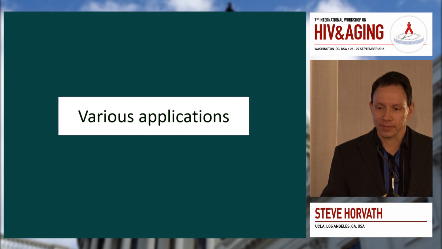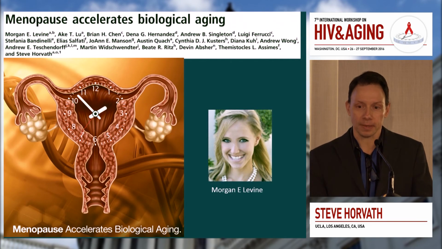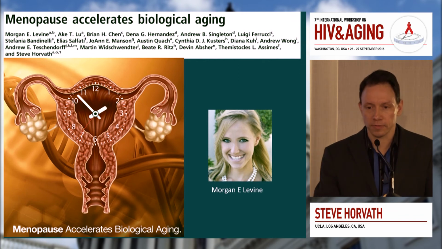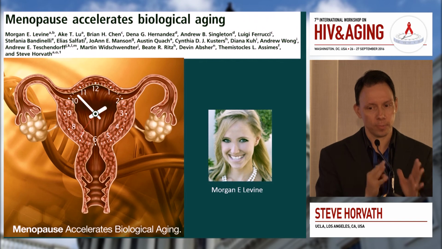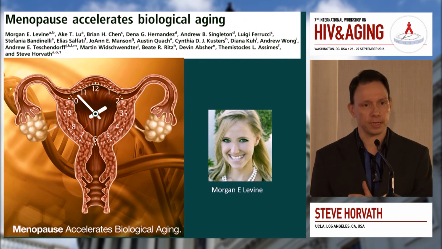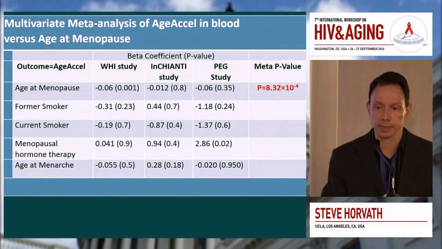I want to mention various other applications. Menopause. So we looked at menopause. This is a study with Morgan Levine and many others, where we actually showed that menopause accelerates epigenetic aging. And that's a causal claim. Notice the title is a strong claim, but I feel we're confident in making it.